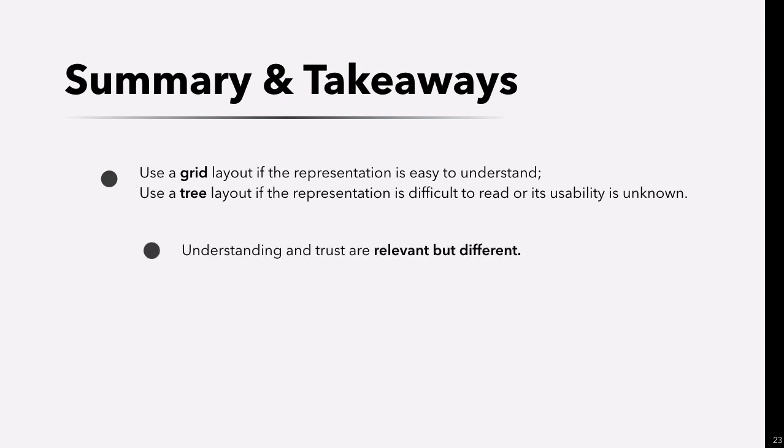And second, we think that understanding and trust are relevant but different. We don't think that participants understand how the algorithm operates because we did not give them such information, but they were still able to make good decisions. But we think that they must understand an explanation in order to trust the classifier.